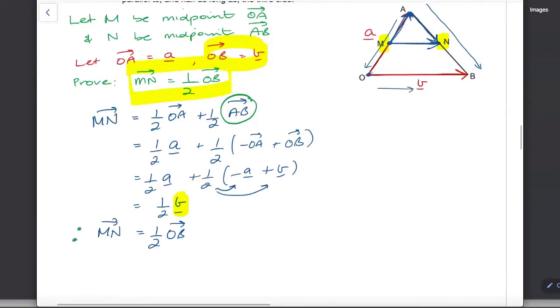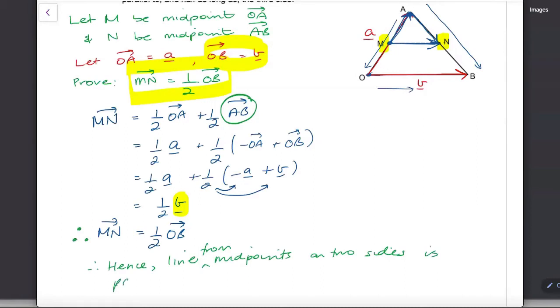So we can say, hence, the line from the midpoints on two sides is parallel and half the length of the third side, as we've made that proof.